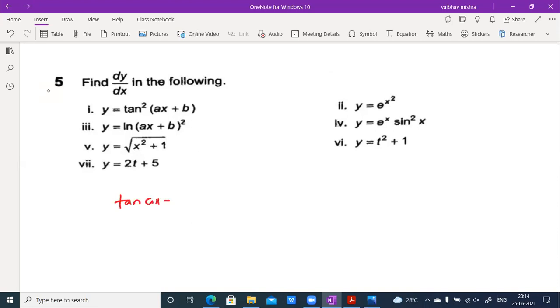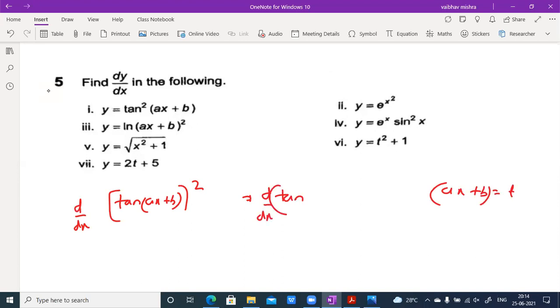It is tan of ax plus b whole square, right? Assume t. It becomes d by dx of tan t whole square, right? Where is it? 2 sec to the power 4 x into a.